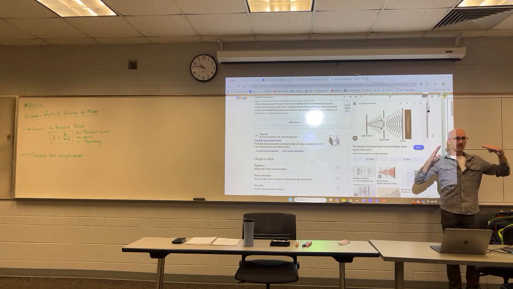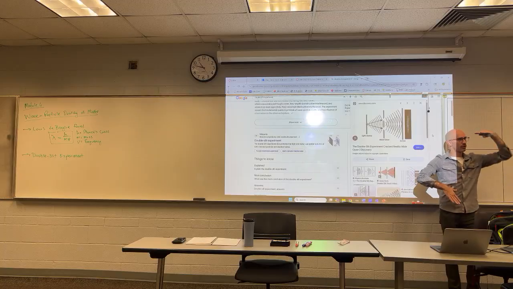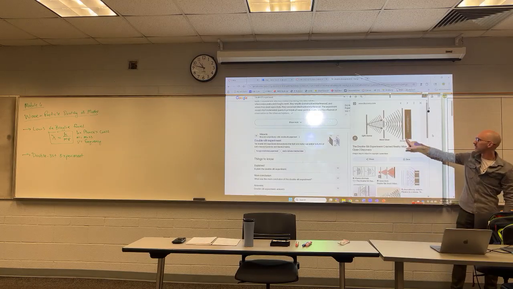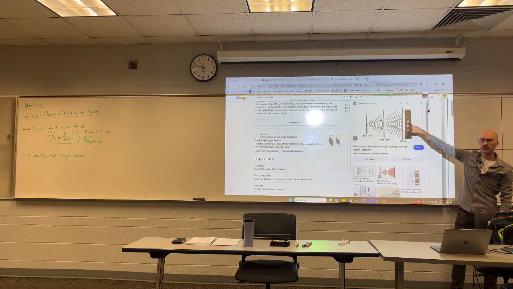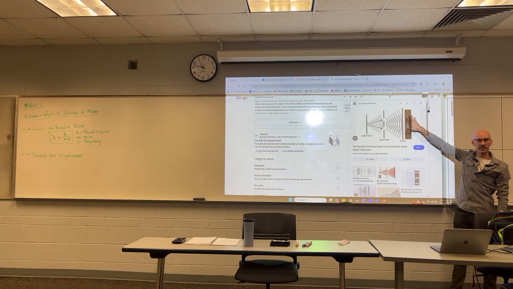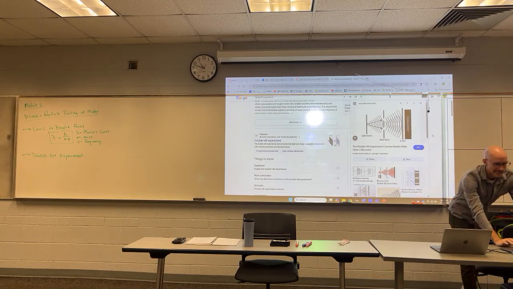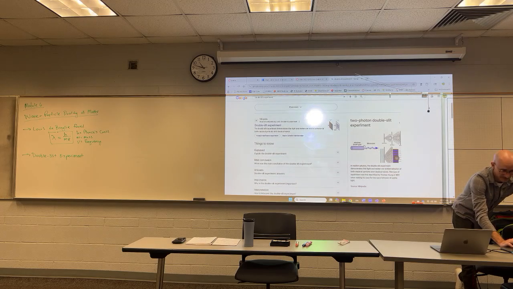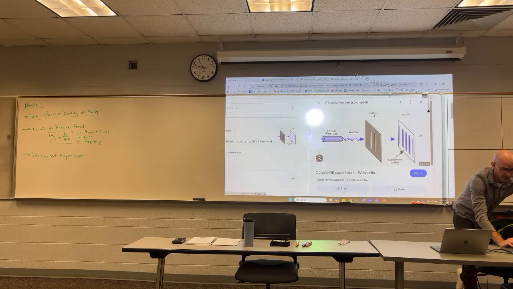And where these waves cancel each other out, one goes up while one goes down, so they actually don't exist there, you get these regions of darkness. This is light. Light obeys the double slit experiment as we expect because we think of light as a wave very often.